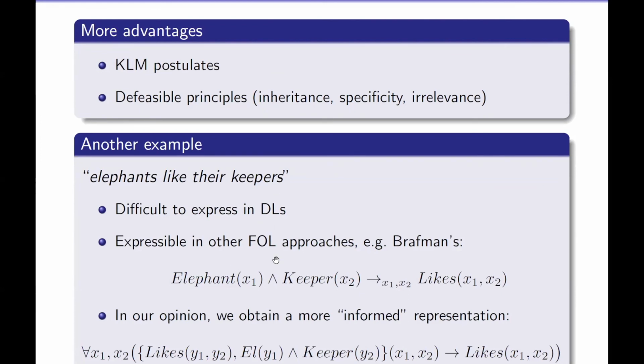Again, whereas other first order logic-based approaches we have tried to express them, we believe we obtain a more informed representation, since we do not just say for all minimal pairs such that x1 is an elephant, x2 is a keeper, x1 likes x2 like Brafman does, but do so with respect to the likes relation and likes ordering.